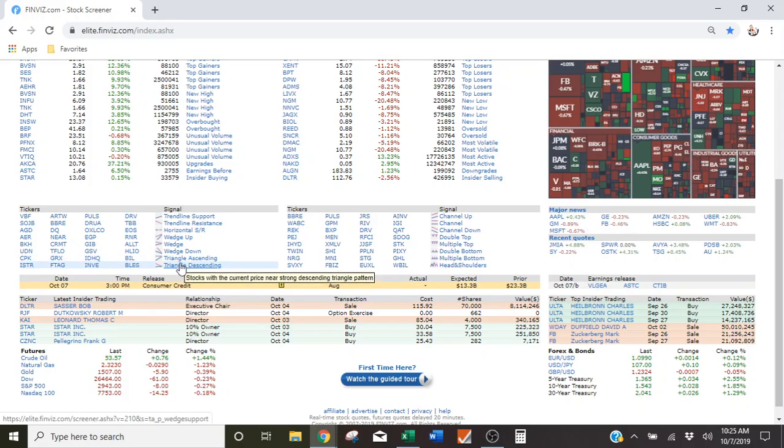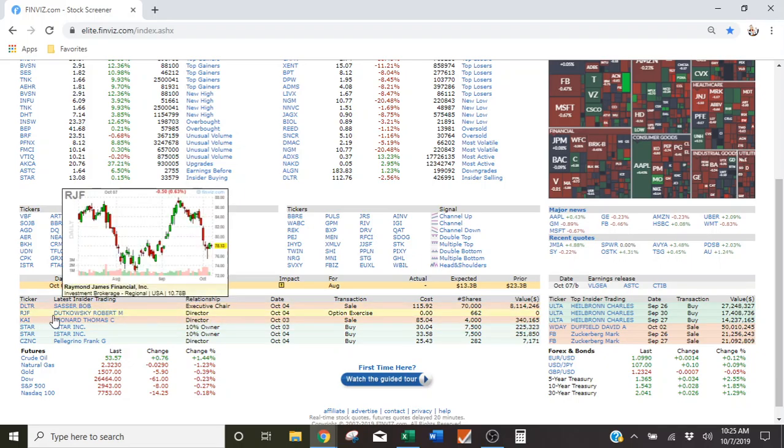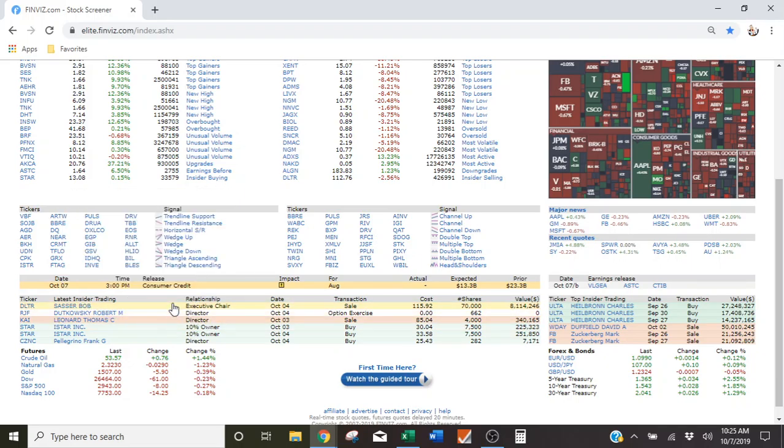Here they're giving patterns: triangle ascending, triangle descending, and you can just go through and click on it and see what it actually entails here. Going further down, you'll see the last insider trading information and the relationship, who is actually trading these stocks. Very good information also.